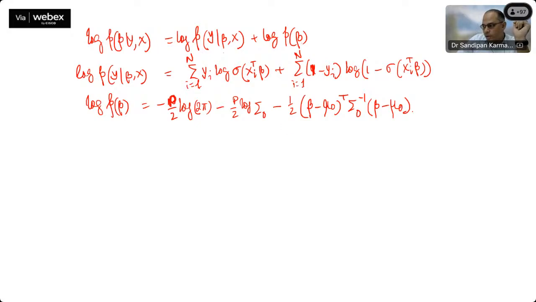Now we are going to use something called a proposal distribution. In the proposal distribution, beta dash is taken as following a normal distribution with mean beta t minus 1, meaning the beta from the earlier step, and variance tau square times I, where I is the identity matrix.